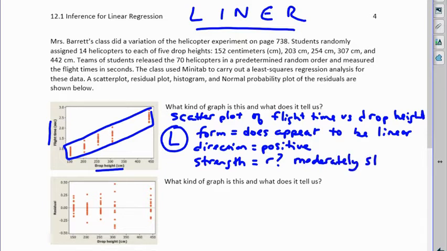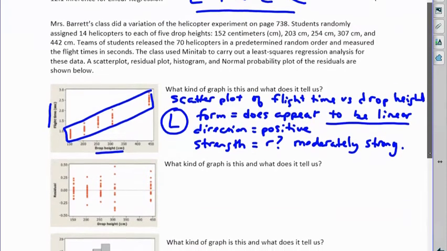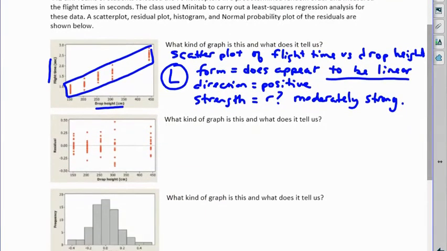That's really just a guess, but it looks like it does have some kind of relationship. Okay, so that's my L. So was I able to establish that it's linear? Yes.